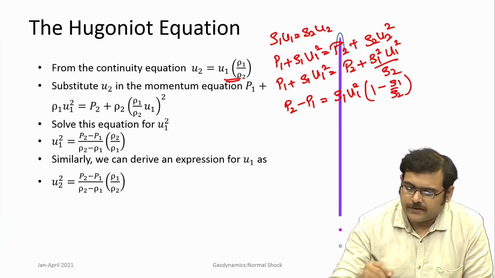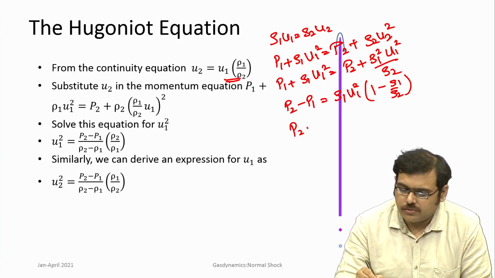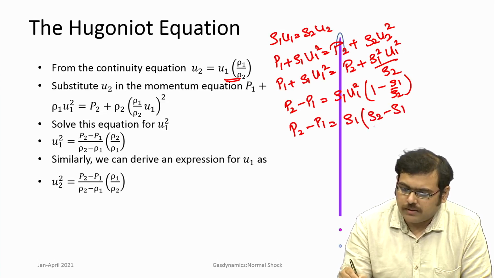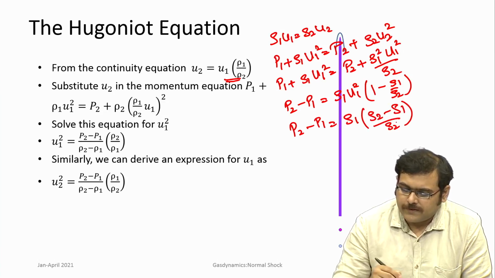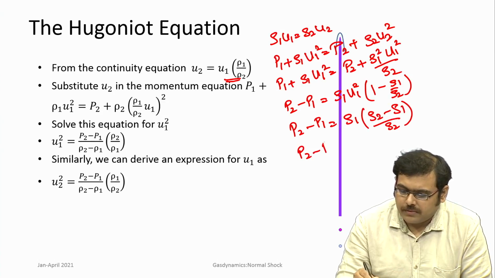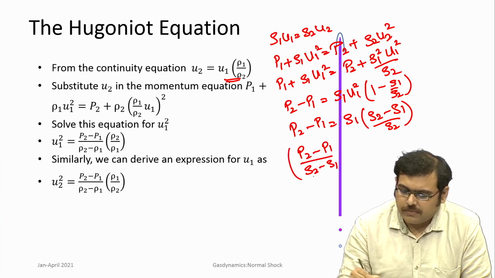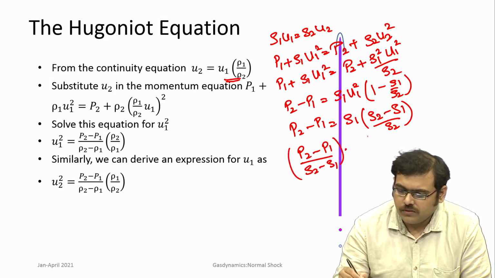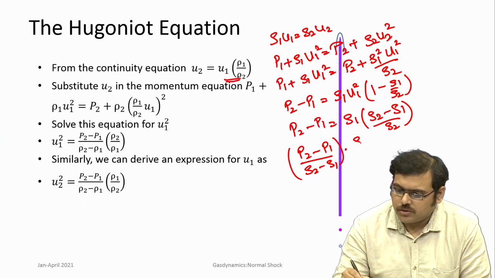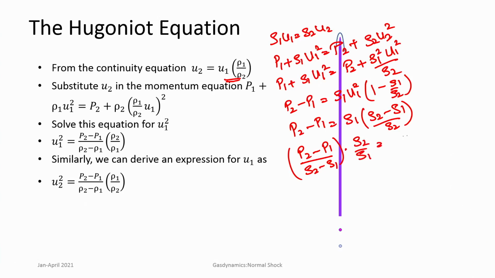This can be written as p2 minus p1 by rho 2 minus rho 1, multiplied by rho 2 by rho 1, is equal to u1 square. I think that is the expression that we get over here.